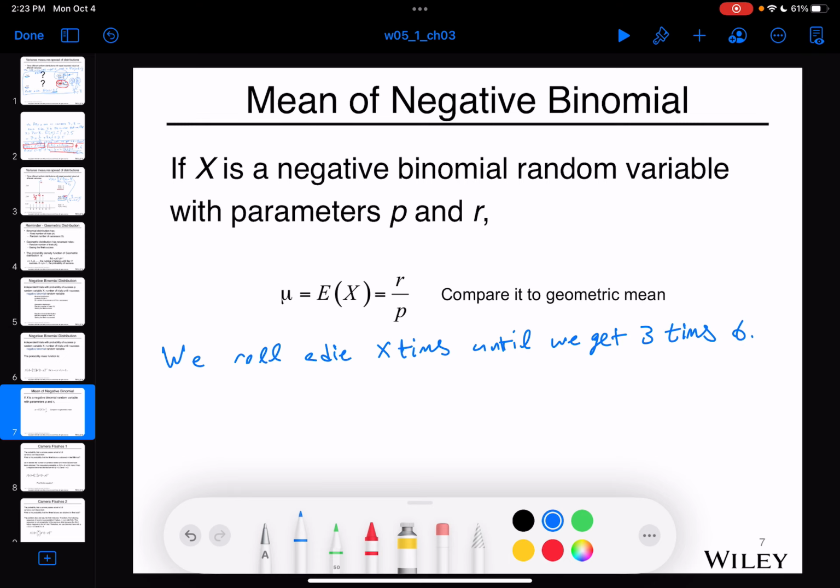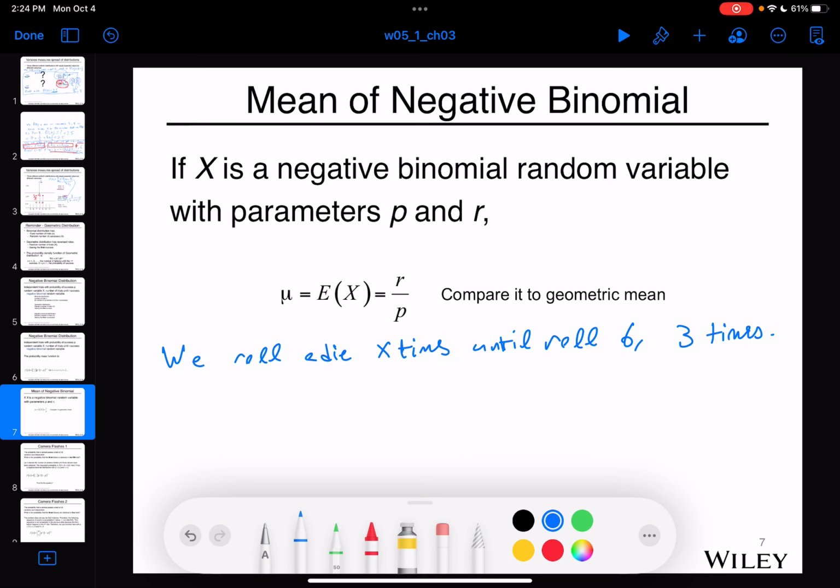So our goal, let's say you're playing a game and you win the game if you roll 6 3 times. Maybe I should write till we roll 6 3 times, right? In my English, the sentence wasn't good. So our goal is to repeat the experiment until we get 3 6s, right?